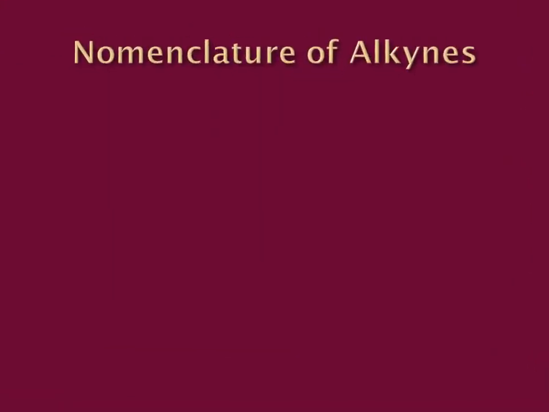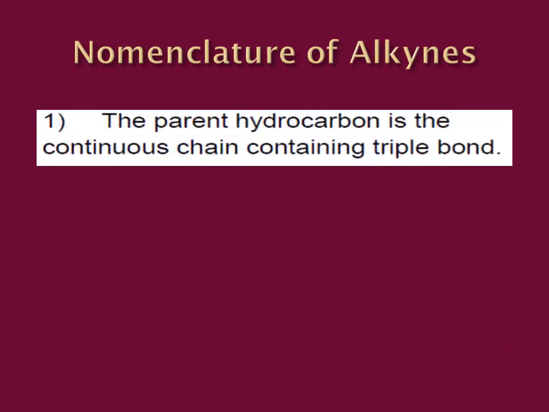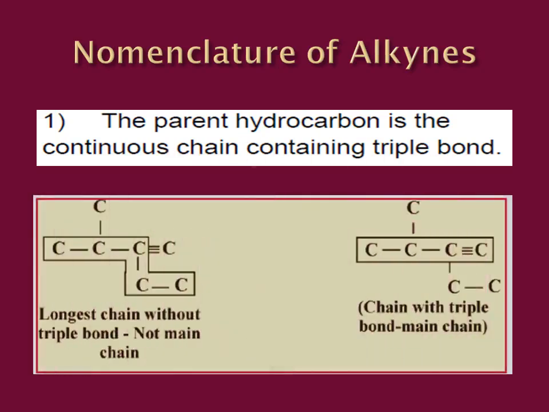Now students, let us start the nomenclature of alkynes and learn some IUPAC rules for naming of alkynes. The first rule says that the parent hydrocarbon or the parent chain is the continuous chain containing the triple bond. Look at these examples. If I select this as my main chain, which comprises 5 carbon atoms, 1, 2, 3, 4 and 5, but it is excluding my triple bond, so it is not my main chain.